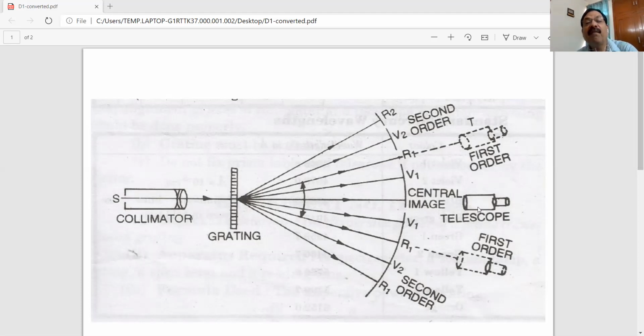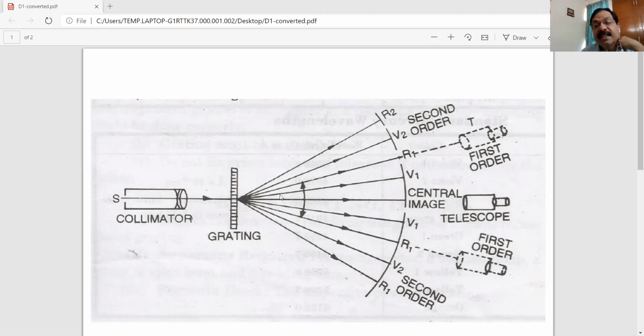The difference of each vernier reading, suppose the first vernier is V1 and V2 is the second vernier, is twice the angle of diffraction. Half of it will be the angle of diffraction.